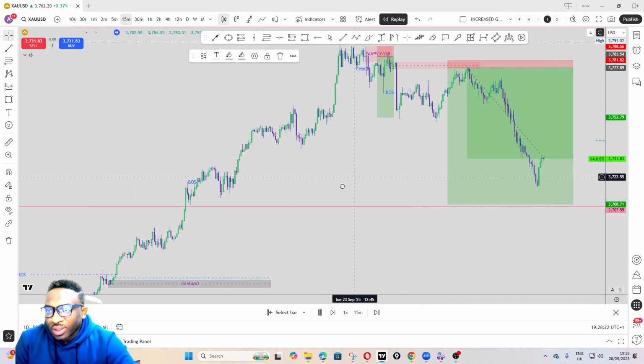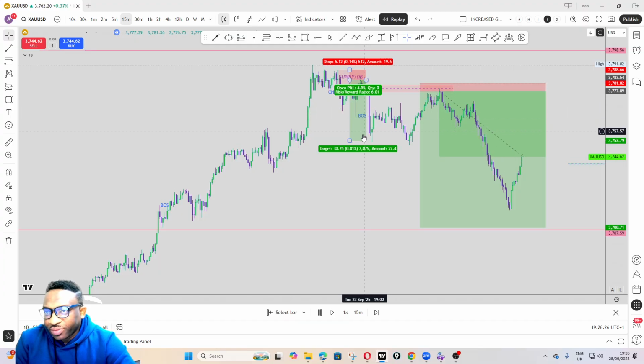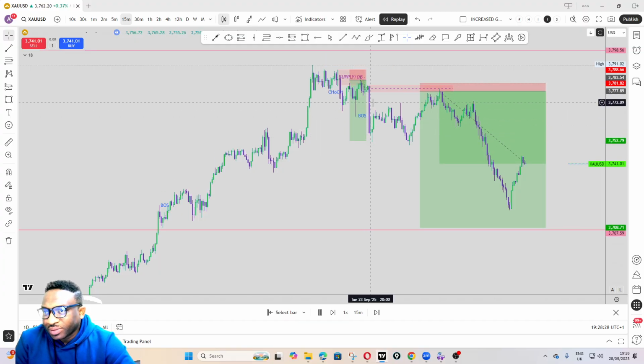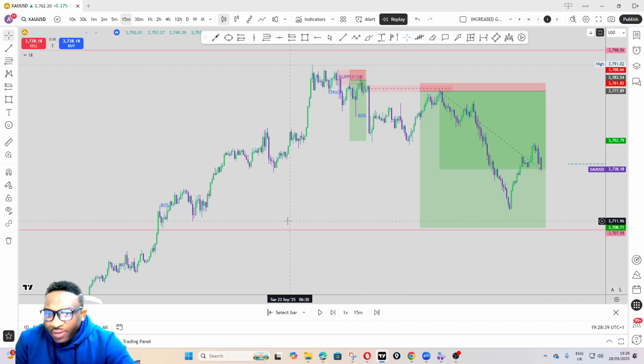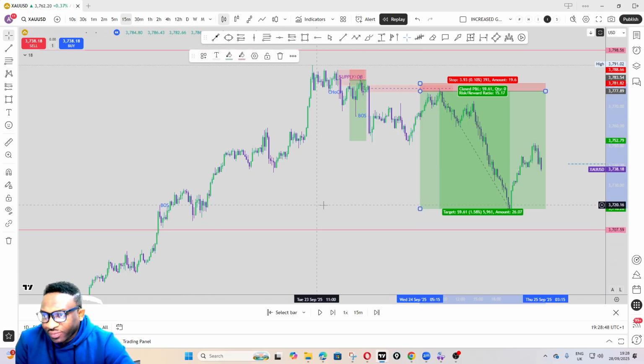This first of all gave us this change of character, which we took a trade on. Then we had a break of structure, so we had a new area where we targeted. This was the previous low point that we could have targeted.